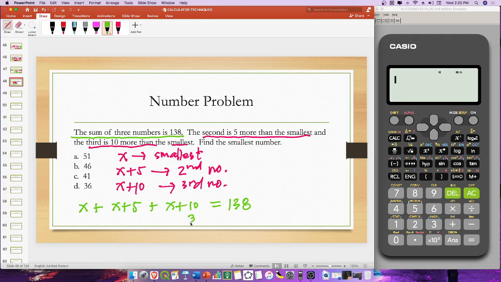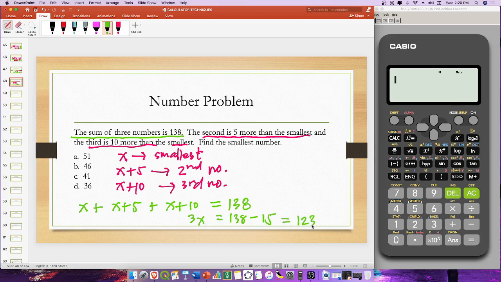So combining like terms will become 3x. Now, if we transpose all the constant terms to the other side of the equation, the result will be 138 minus 15. So 138 minus 15 is equal to 123.